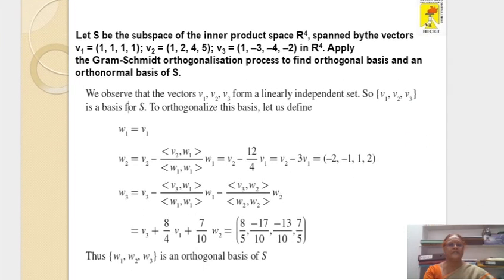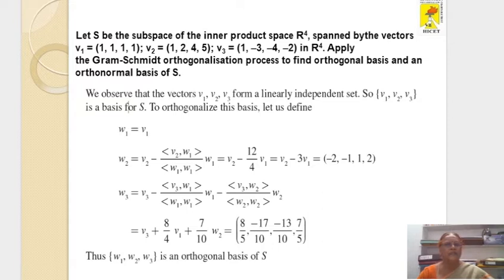Now let us see an example problem. Let S be a subspace of the inner product space R power 4 spanned by the vectors V1 equal to 1, 1, 1, 1, V2 equal to 1, 2, 4, 5, it is in R power 4, so we will get 4 numbers, V3 is 1, minus 3, minus 4 and 2.